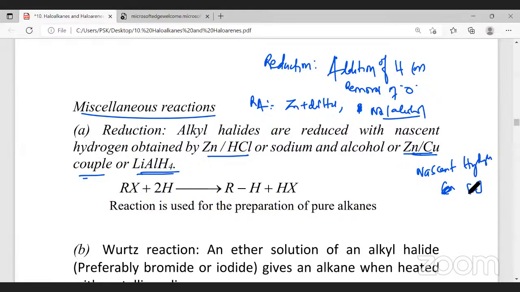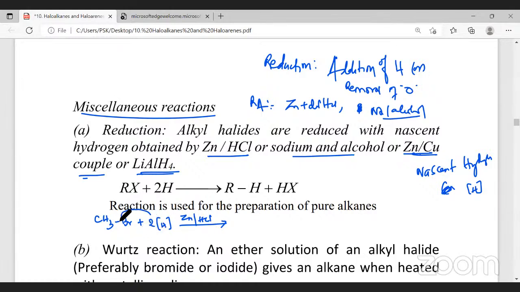All right. Now, take an alkyl halide as an example. Zinc and dilute HCl, sodium and alcohol, zinc copper couple, or lithium aluminum hydride will give you nascent hydrogen, since they are reducing agents. What happens?